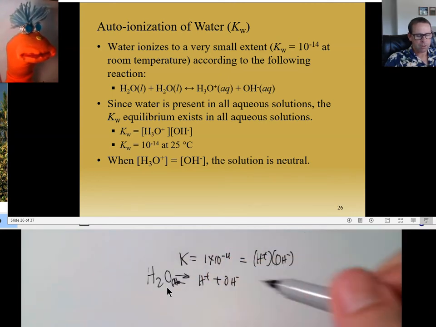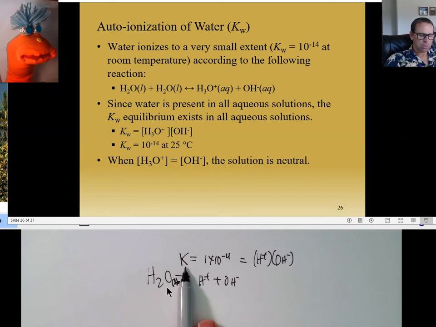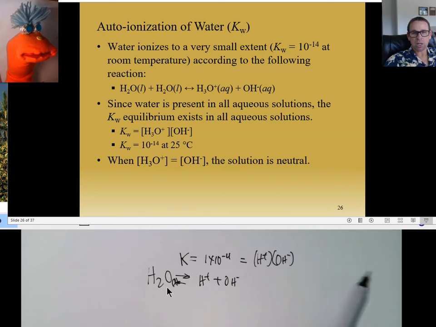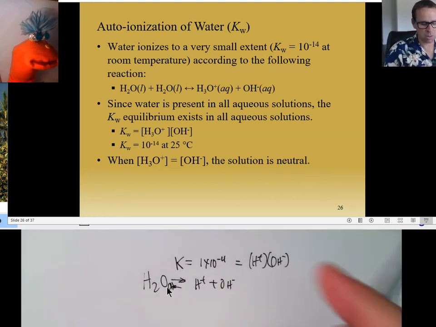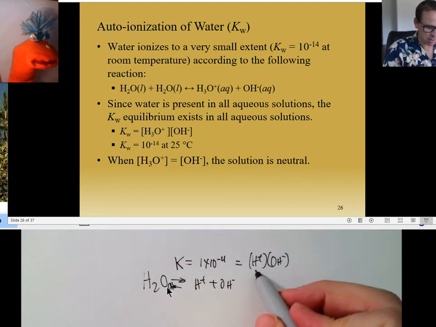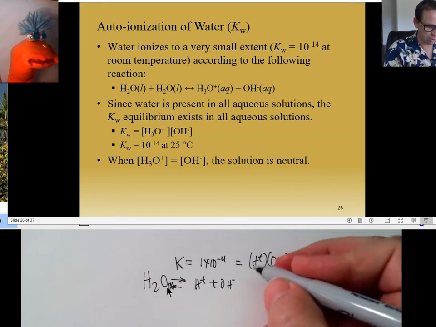All right. Very good. So the equilibrium expression, which equals 1 times 10 to the minus 14 when we're at equilibrium, equals the hydrogen ion concentration times the hydroxide ion concentration. And if the only thing in solution is water, then these concentrations will be equal because they all came from the same molecule.